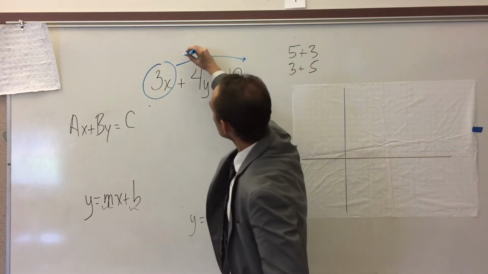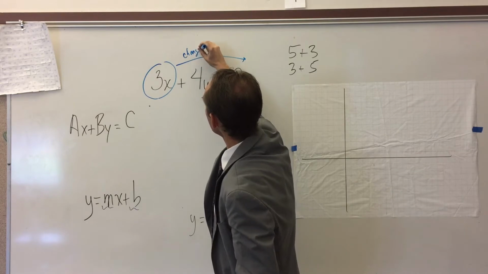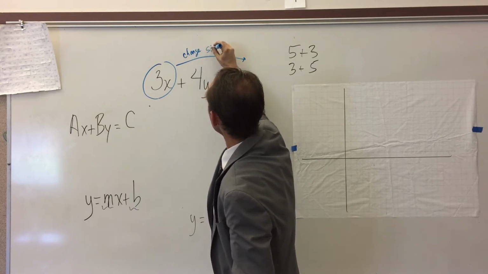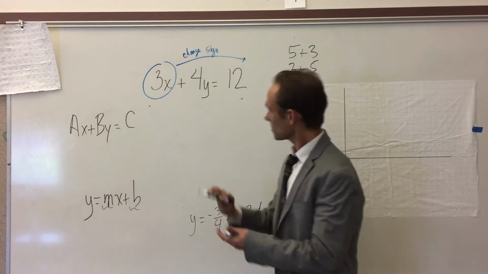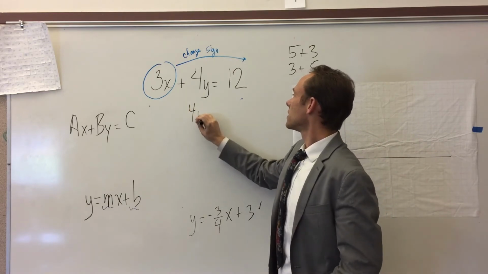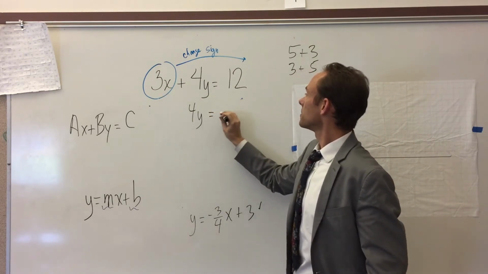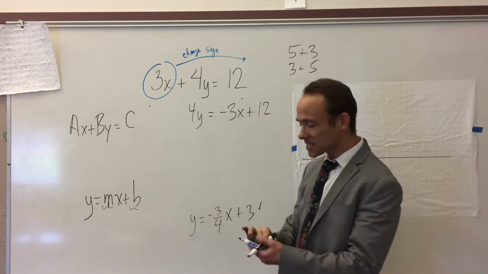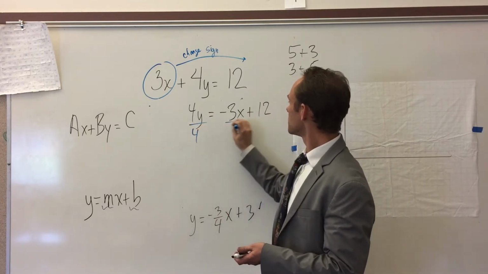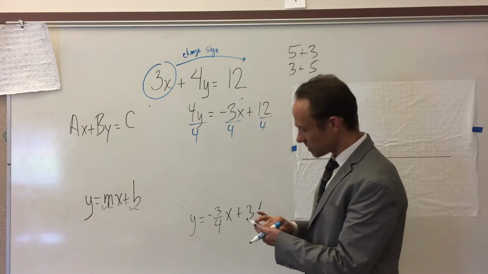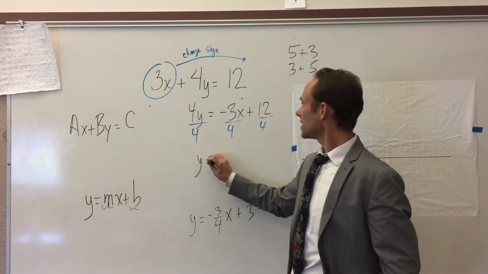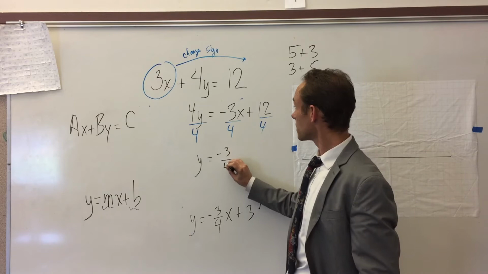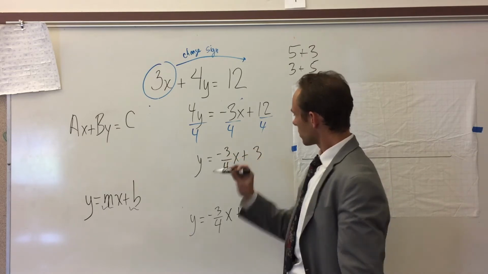You just got to remember when you do that, the sign changes. So if I want my 3x's over here, I got to make them negative. Cool? And then lastly, divide it out. Divide by 4, divide by 4. And we get y is equal to negative 3/4 x plus 3.